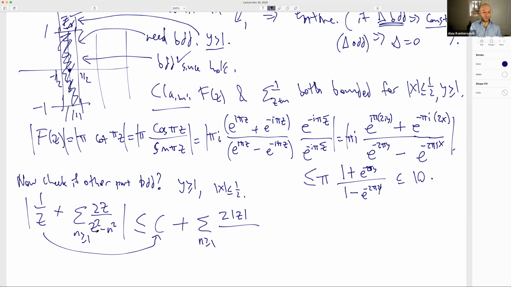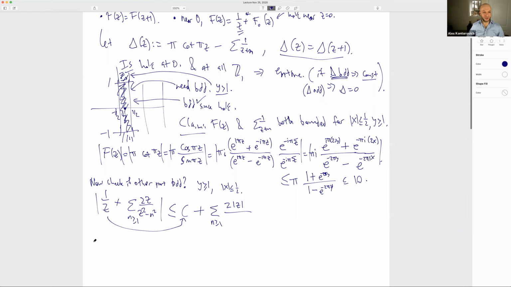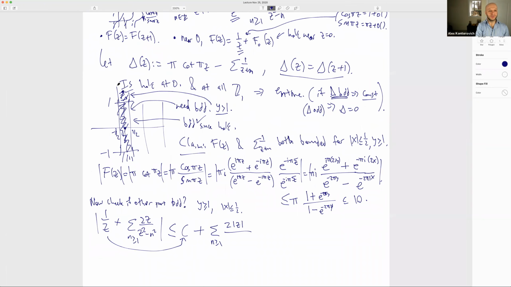z squared. Remember, if we look again in this picture, I guess I have to zoom out a little. z is somewhere up here. I don't know where. Where is z squared? What's the argument of z squared? If z roughly has argument i, z is at 90 degrees, z squared is at 180 degrees. So z squared, this is where we're going to use that we've contained x. z squared is somewhere over here. And n squared is somewhere over here.